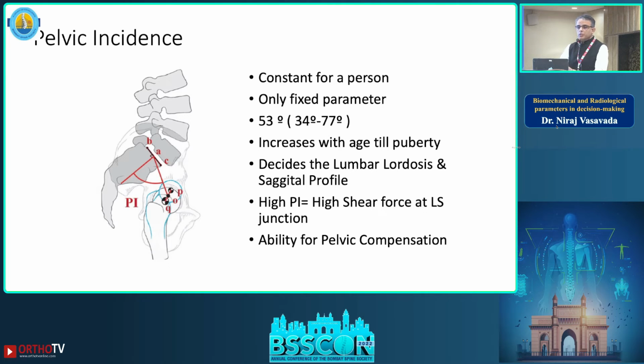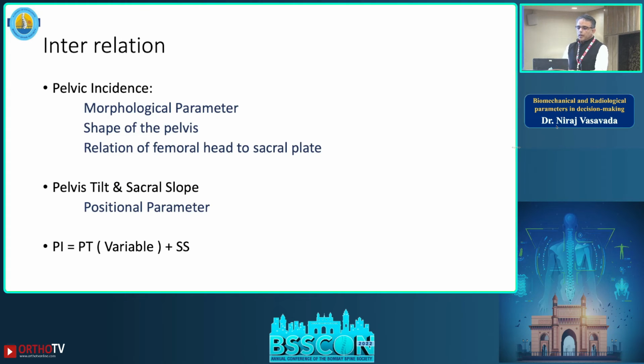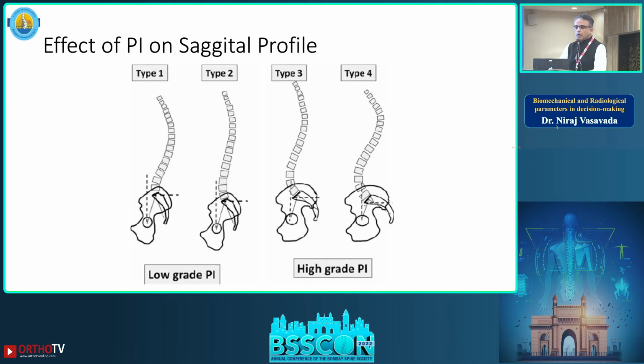PI is a fixed parameter, and you can divide patients based on PI into low PI and high PI patients. The interrelation is that PI is equal to pelvic tilt plus sacral slope. As I mentioned, pelvic incidence is a morphological parameter unaffected by the spine. Roussouly showed that if you have a pelvic incidence of varying degree, your entire spine shape or global shape changes.